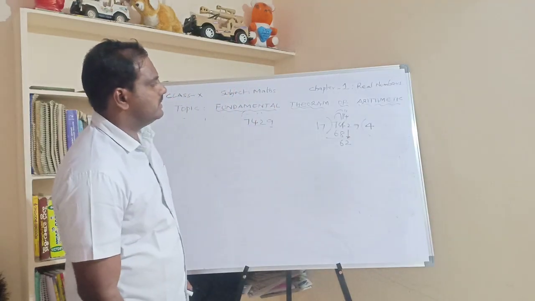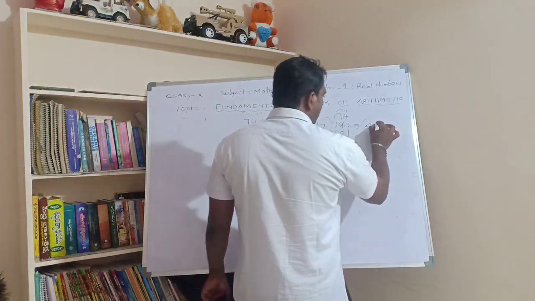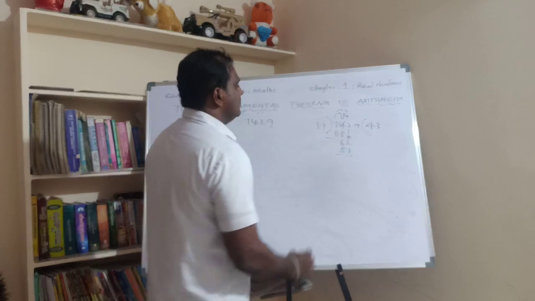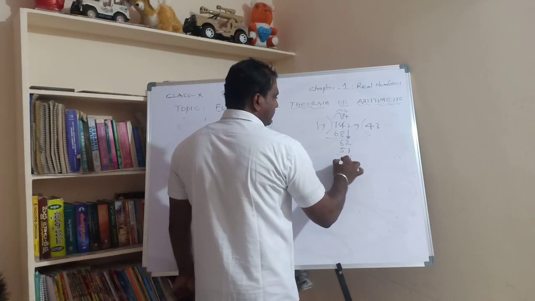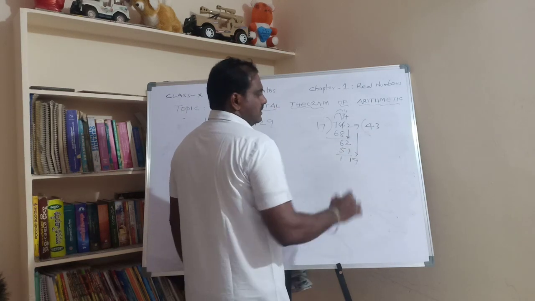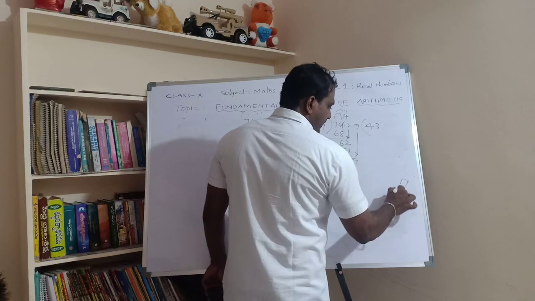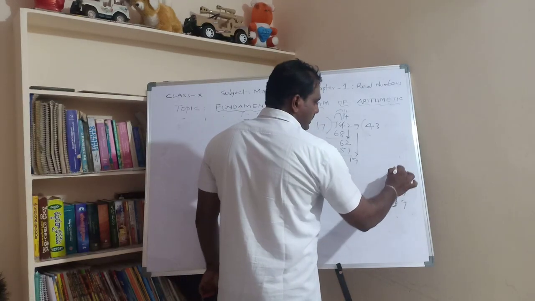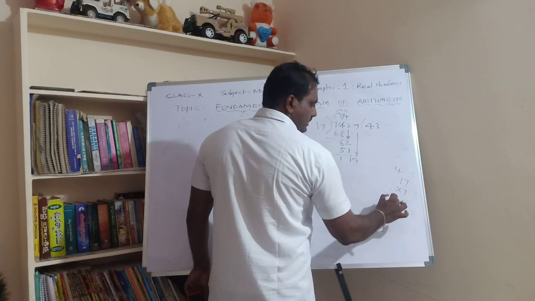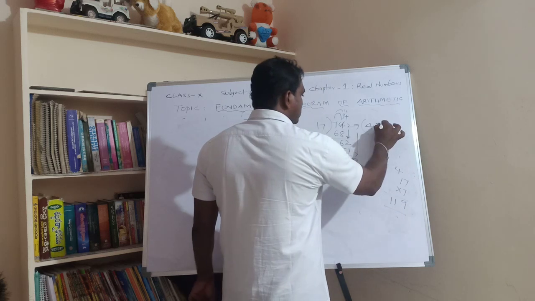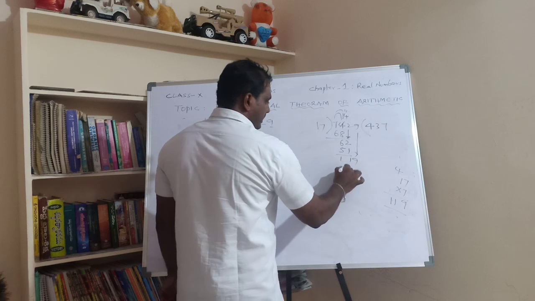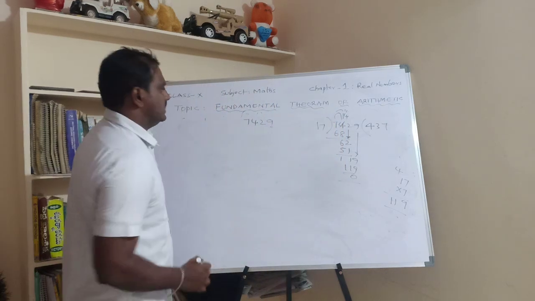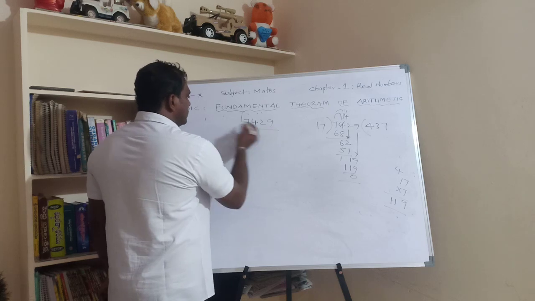So 17 3s, again 51. What is the remainder? 2 minus 1, 1, 1, 9. 17 7s. 7 7s are 49. 7 1s are 7, 11. So how much it was? 17 7s. So you should check like all these possibilities. So how much time? 7.